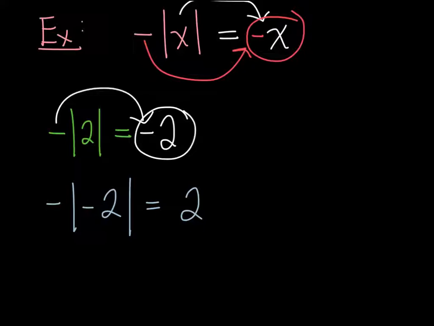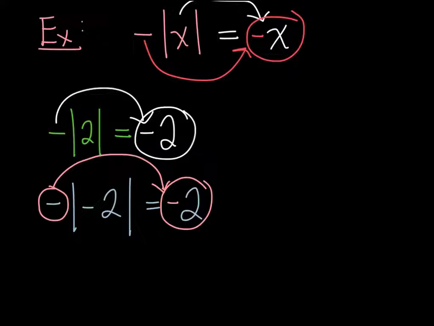But remember, you can't forget about this guy out here. He gets thrown into our answer every time, which in turn makes our final answer negative. So all you need to remember is if there's a negative inside of the absolute value brackets, your answer will always turn positive. If there's a negative outside, it's going to turn your answer back negative.